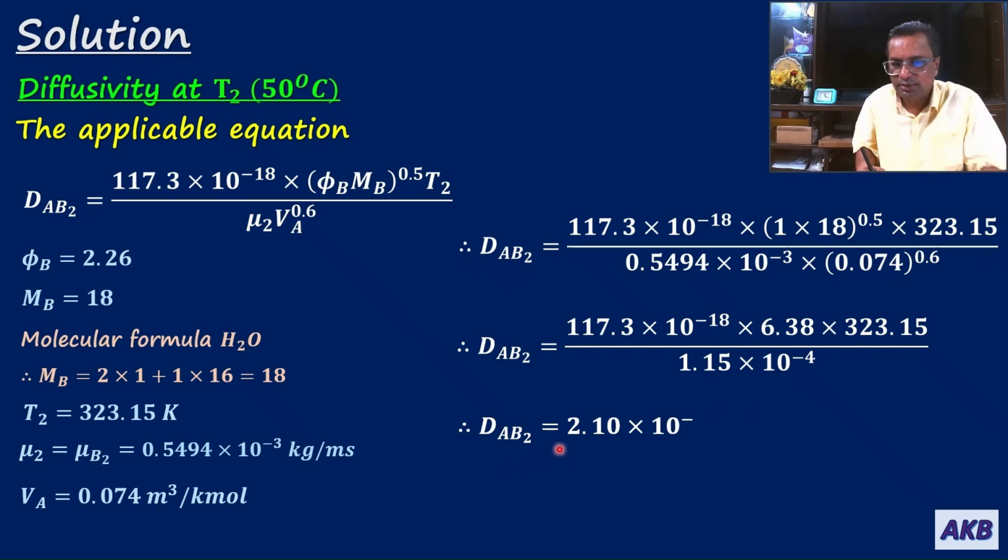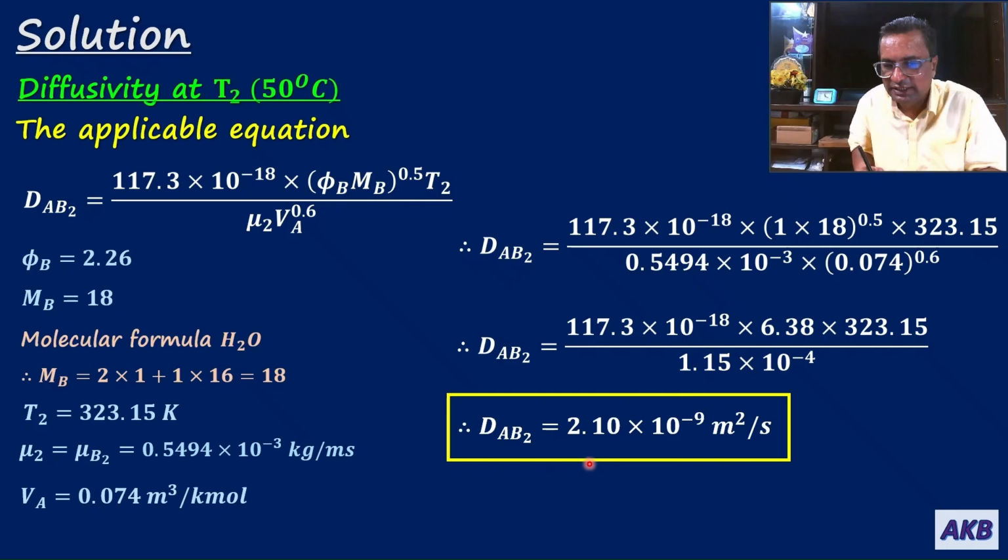That gives us DAB2 as 2.10 into 10 to the power minus 9 meter square per second. Therefore, the diffusion coefficient of acetone in water at 50 degrees Celsius is 2.10 into 10 to the power minus 9 meter square per second. So in this way, we have got the diffusion coefficient of acetone at two different temperatures.